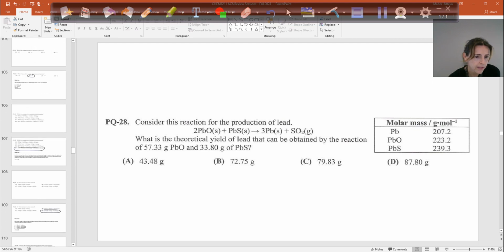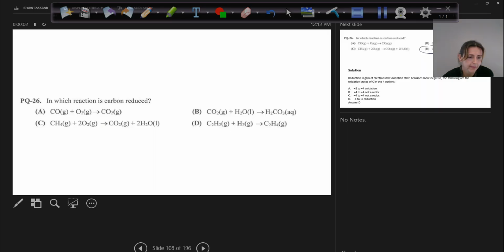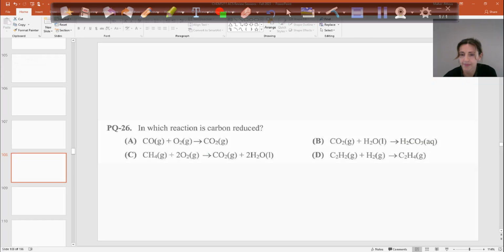Fraction of lead. Same one. Carbon reduced. Well, want to do this one? Yeah. Okay. Oh shoot, I'm not supposed to do that, am I? I forgot. Yes. Okay.